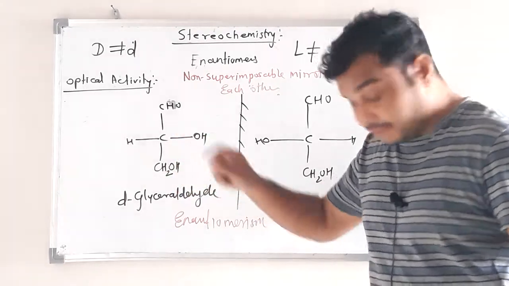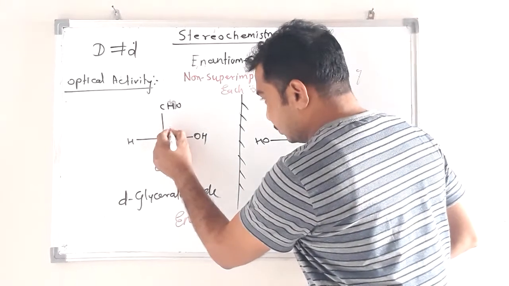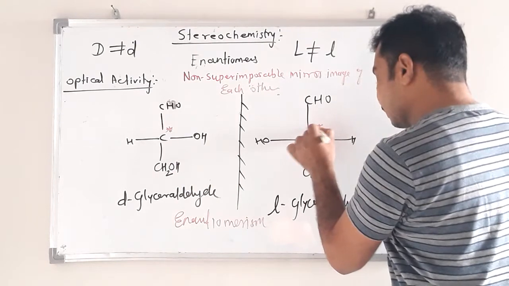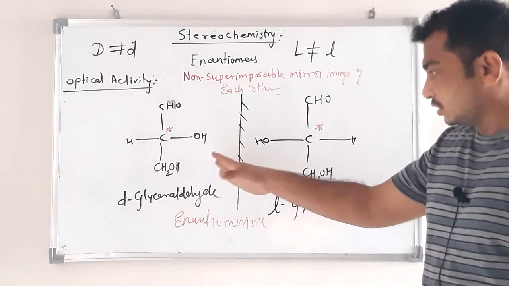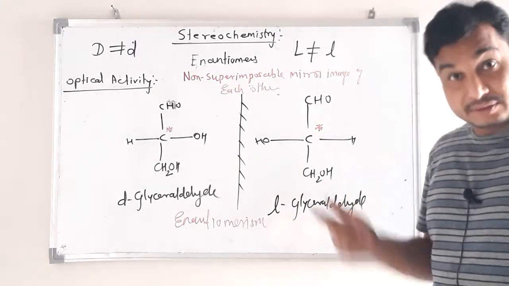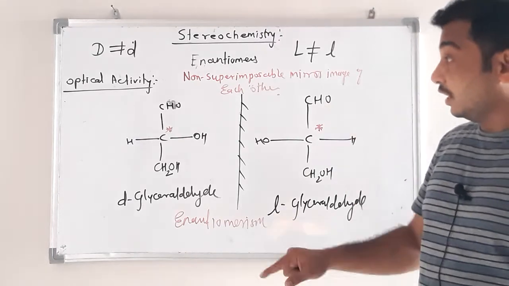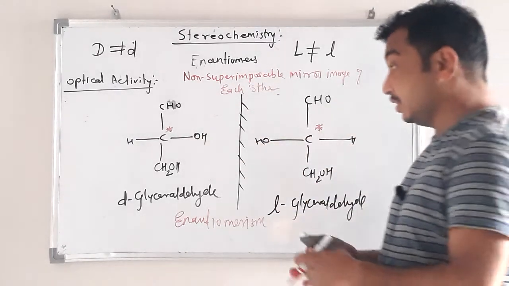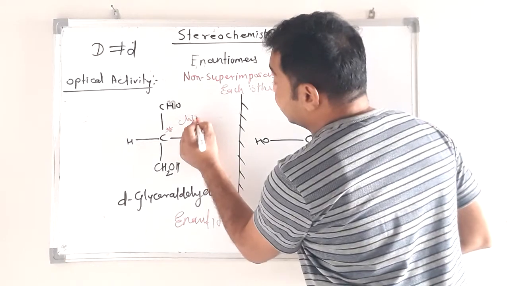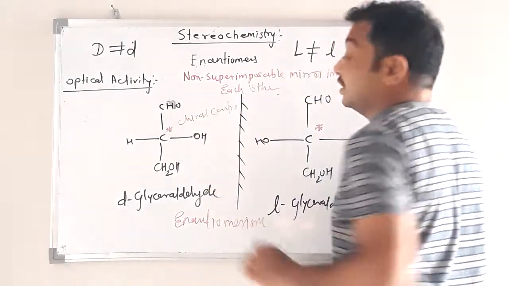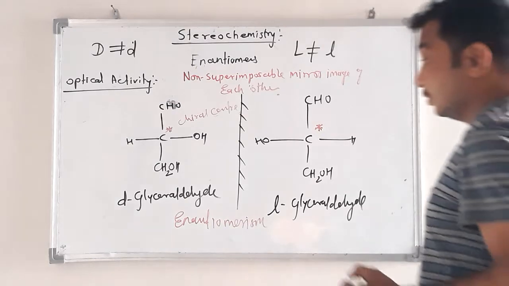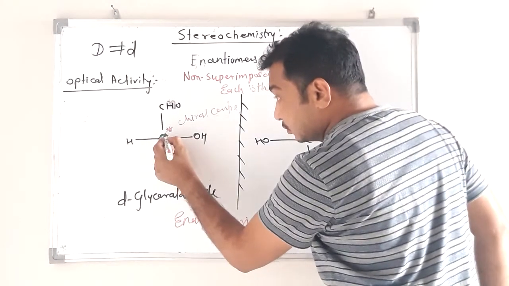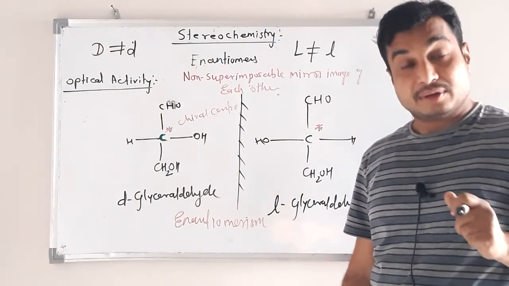Now this glyceraldehyde has one asymmetric carbon atom, and if this asymmetric carbon atom gives rise to enantiomers, then that asymmetric carbon atom is known as a chiral center, chiral carbon.